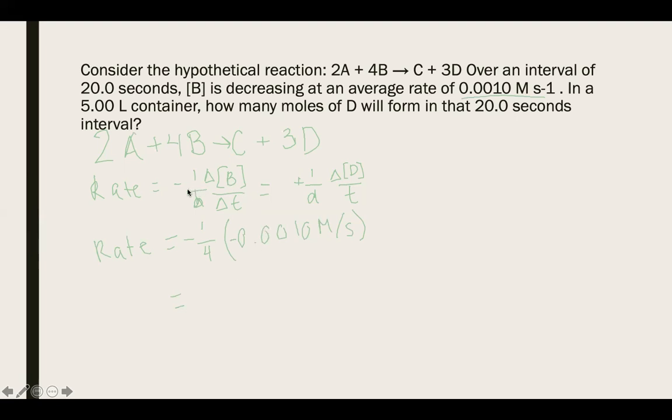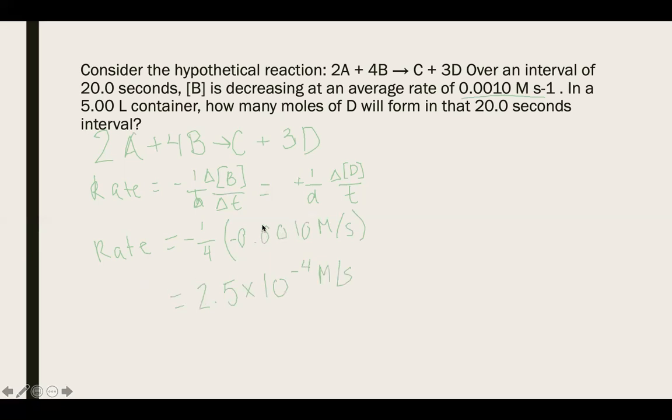This makes sense if you think about it, because in every 1 mole of reaction, you have 4 moles of B being used as a reactant. So when you do 1/4 times 0.0010, you get 2.5 times 10 to the -4th molar per second. That's the rate of the entire reaction.